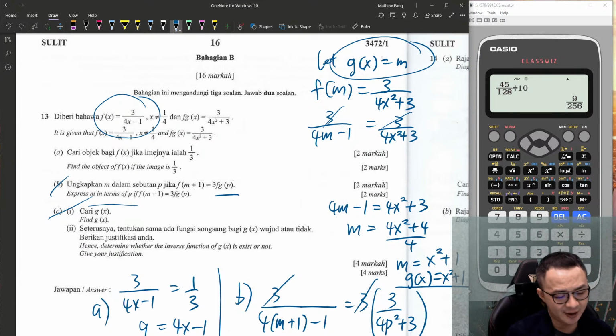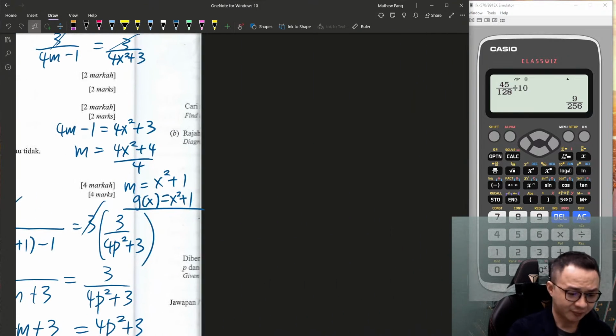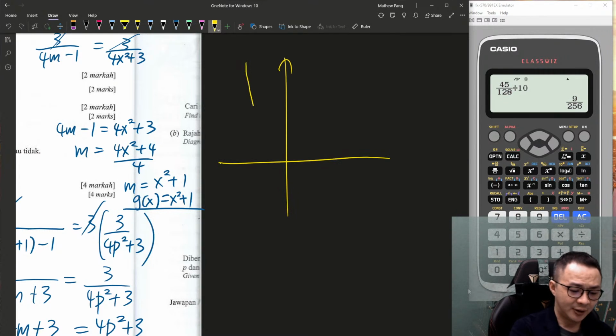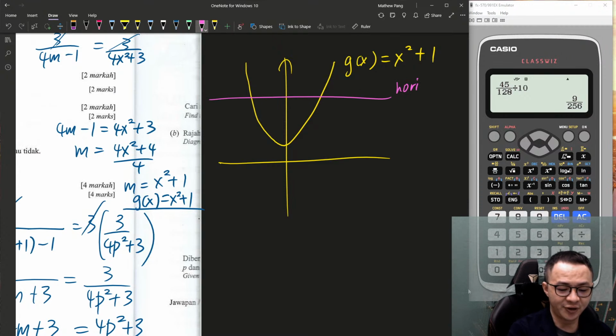Hence, determine whether the inverse function of g(x) exists or not. Give your justification. Okay, so I can draw out the graph for it. So this is x squared plus 1. So if you do the horizontal line test, you actually touch 2 points, right?